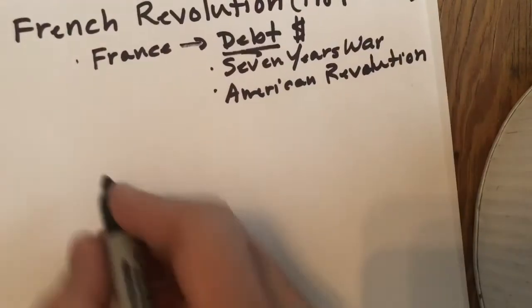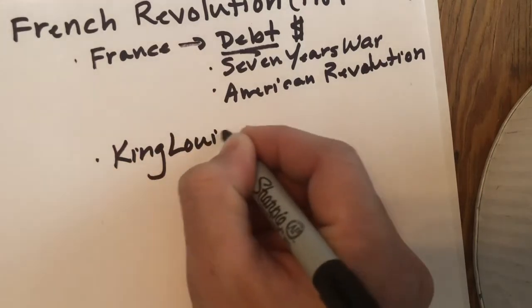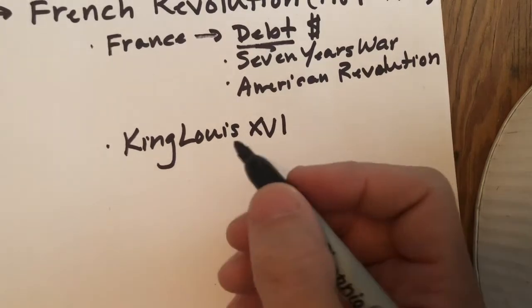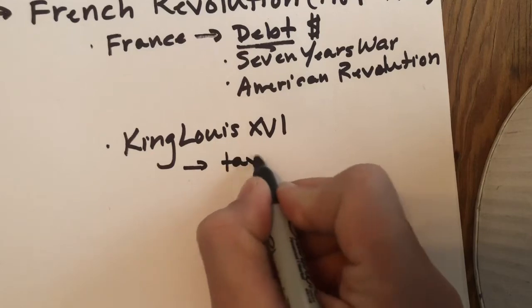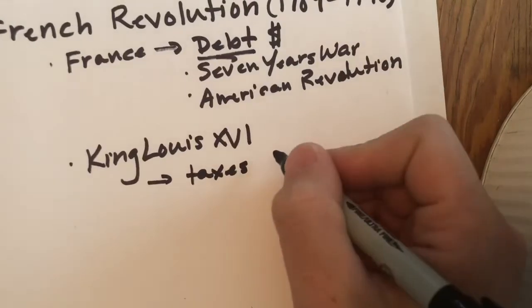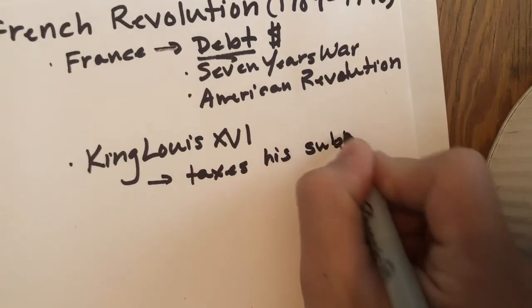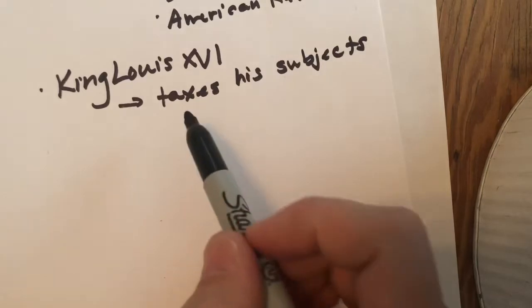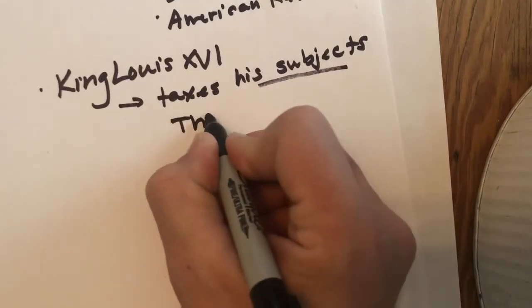So King Louis the 16th, who some of us did our research projects on, does the same thing that King George III does, and he taxes his people, his subjects. France right now is very divided in a class system between the first, second, and third estate, and he heavily taxes the third estate.